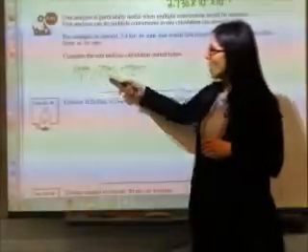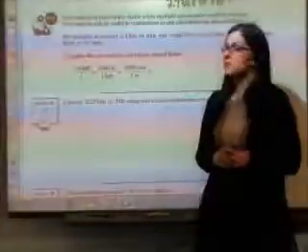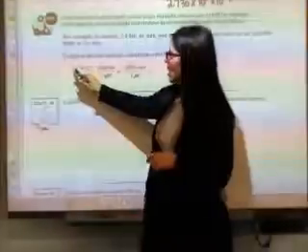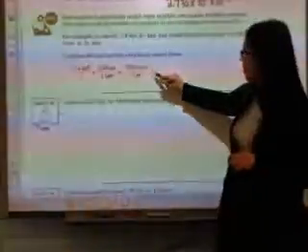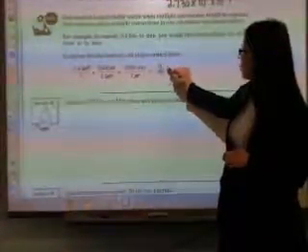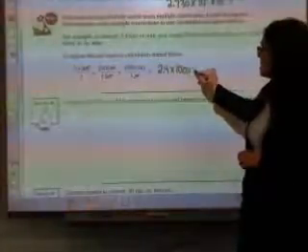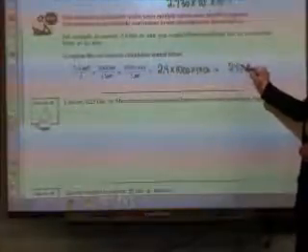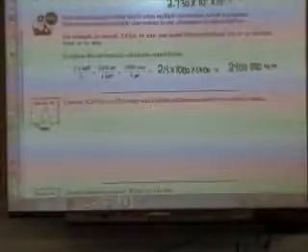If you notice, the kilometers canceled out and the meters canceled out, and what I'm left with is millimeters. So 2.4 times 1,000 times 1,000 gives me 2,400,000 millimeters.